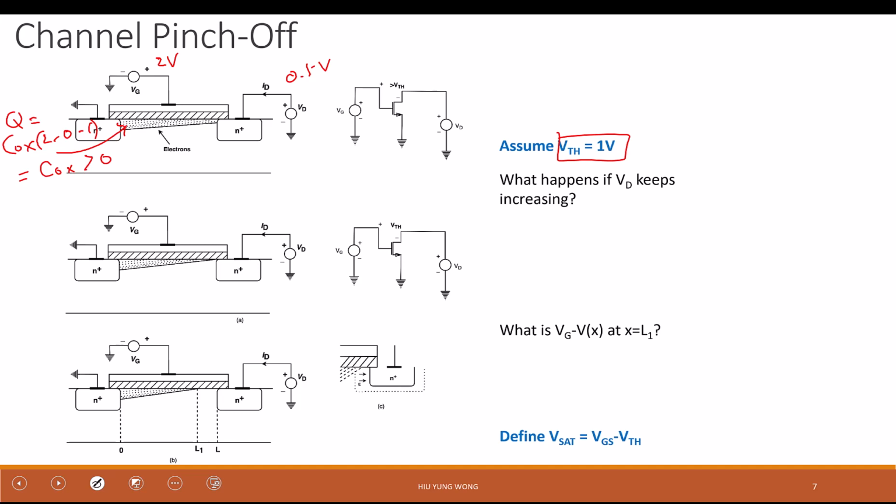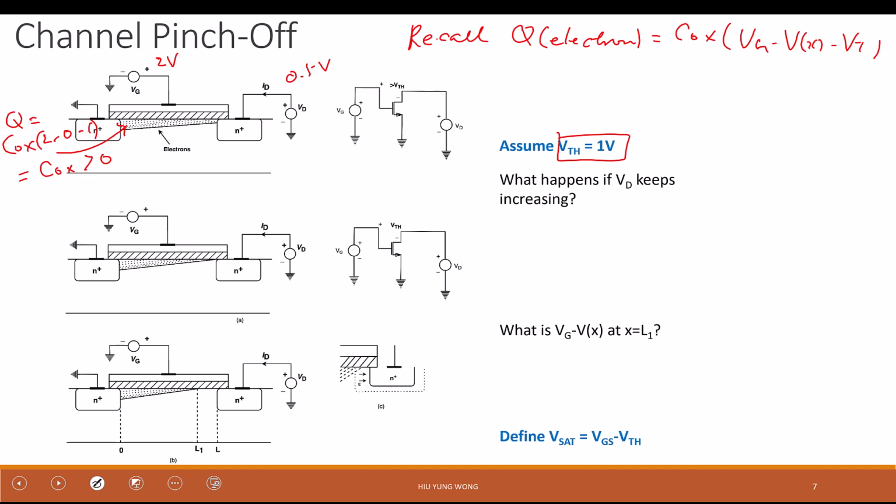Just to remind you, Q, the electron density, equals C ox times Vg minus Vx minus Vt. That is the equation I'm using. I hope you're really familiar with this. It's not a difficult equation. It's just Q equal to CV: terminal 1 minus terminal 2 times C ox equals the charge.